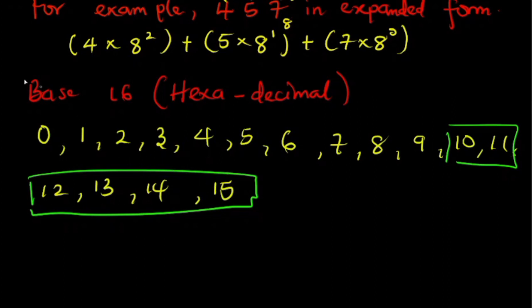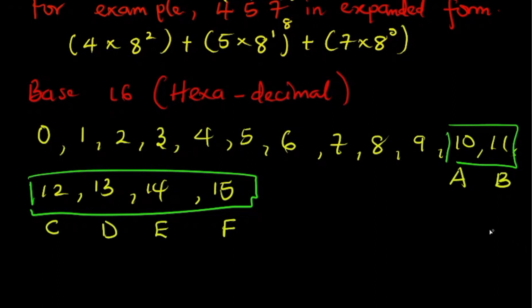You get my point? So what do we do? In place of 10, we use A. In place of 11, we use B. In place of 12, we use C. In place of 13, we use D. In place of 14, we use E. In place of 15, we use F.